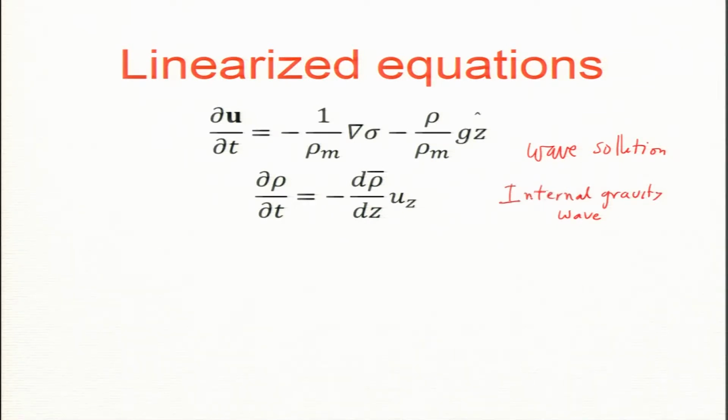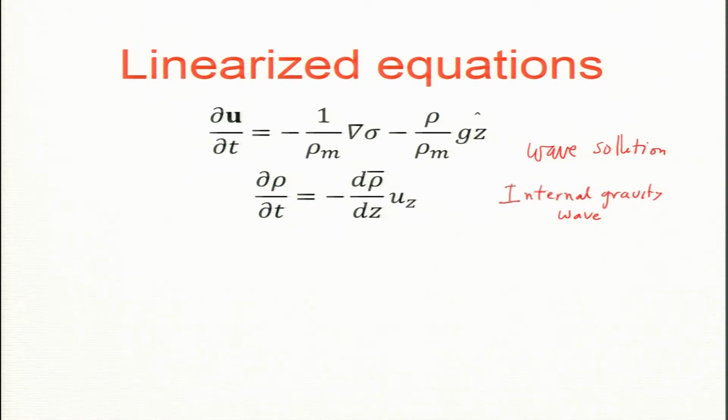So, what is a gravity wave? On the ocean surface or water surface, we have fluid going up and down, and it moves. If you just drop a stone, then this gravity wave on the surface moves. That is called a surface gravity wave.